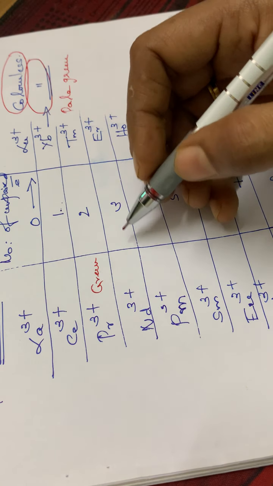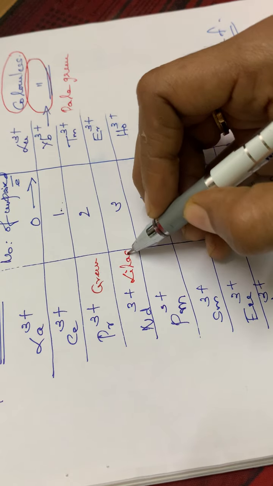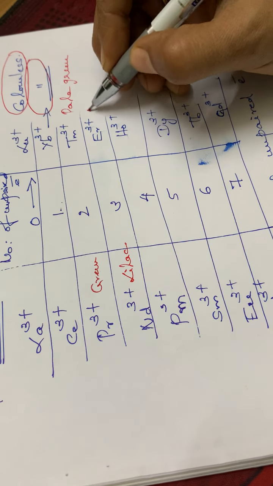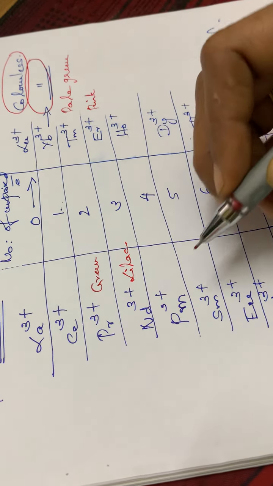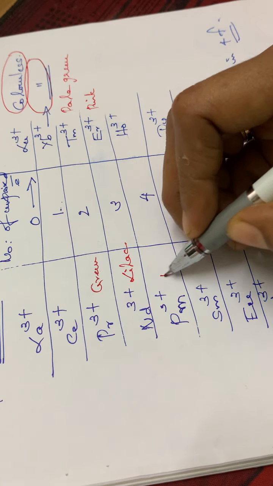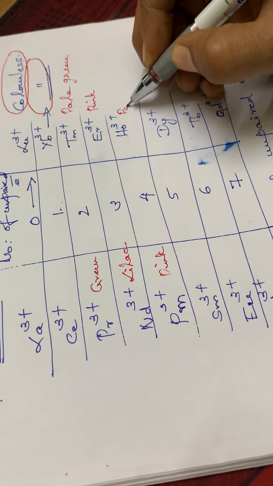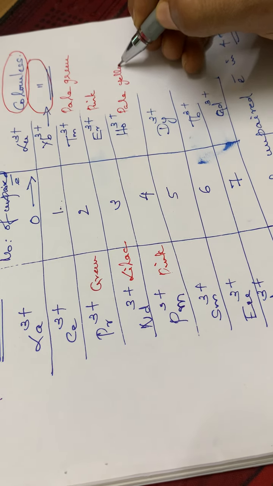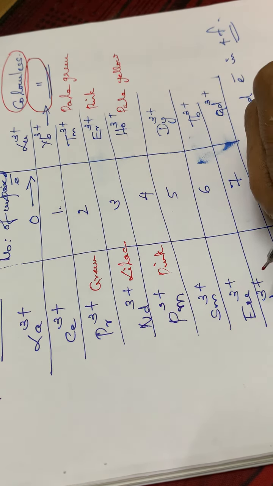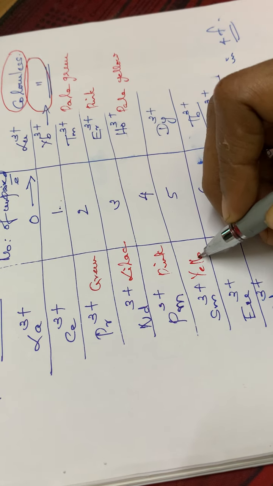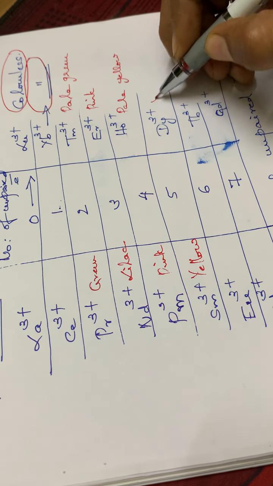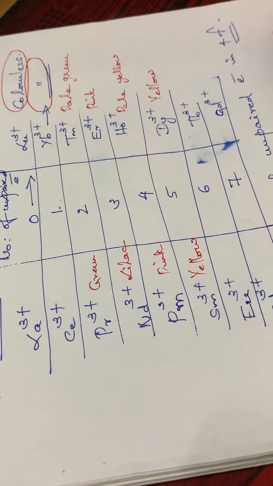Then comes neodymium and erbium, that is with 3. Neodymium has a lilac color, and erbium has a pink color. Then for promethium, it is pink, and for holmium, it is pale yellow. Then for samarium, it is yellow. For dysprosium, it is also yellow. Number of unpaired electrons is 5.